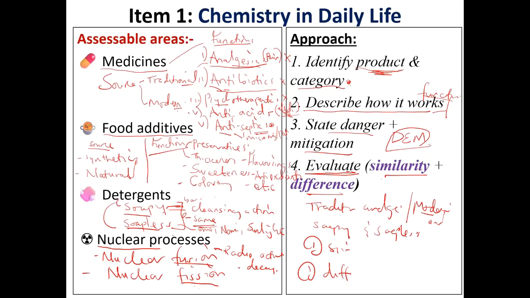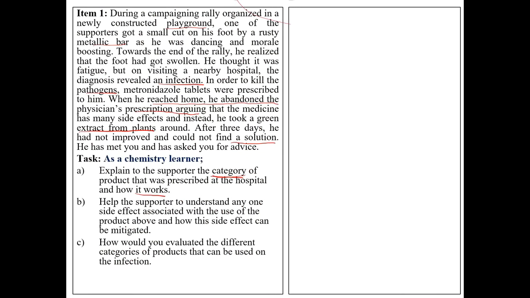In this case, you call number 1, identify the product and categorize it. Describe how it works. Now, we want to find out which kind, because we see it is under medicine at least. Is it traditional or modern? We can also identify that. Then after that, according to the function, which category of medicine are they talking about?